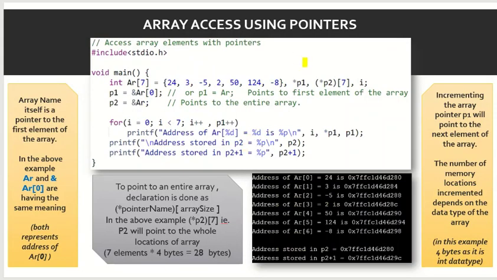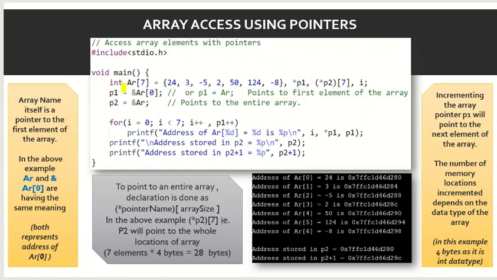Now let's see how pointers are used for accessing arrays and array elements. Arrays can be accessed by pointers in different ways: one is accessing the different elements of the array, or accessing the entire array as such.